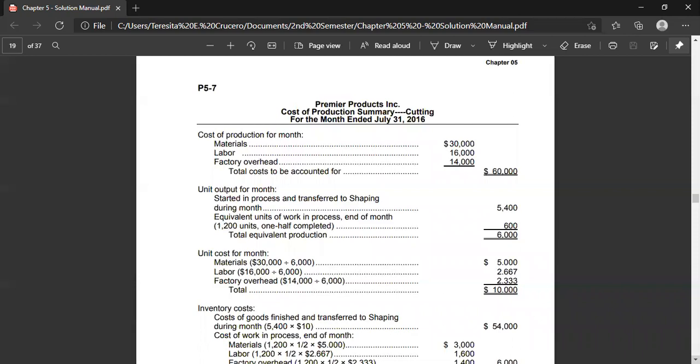For 3 departments, there is no beginning inventory. Premier Products Incorporated has 3 departments and uses the process cost system of accounting.